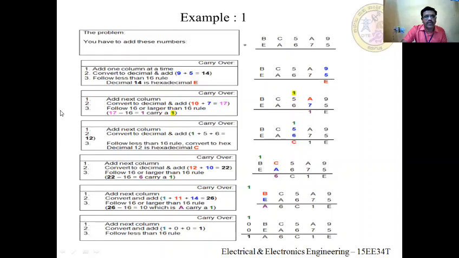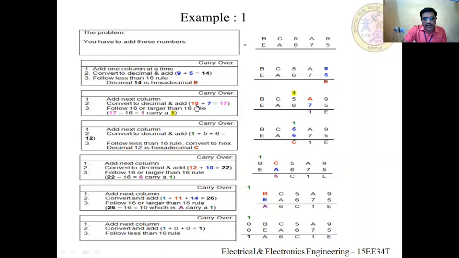So let us go to step number 2. What is given in step number 2? We are supposed to take A with 7, that means step number 2 is A plus 7. The same thing is written here: add next column, convert to decimal and add. So A is converted to decimal.